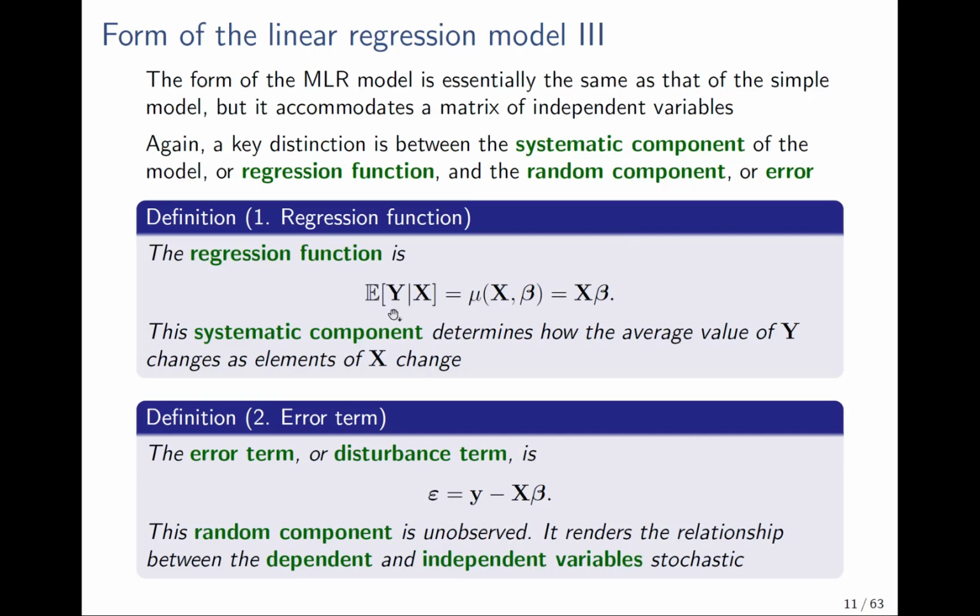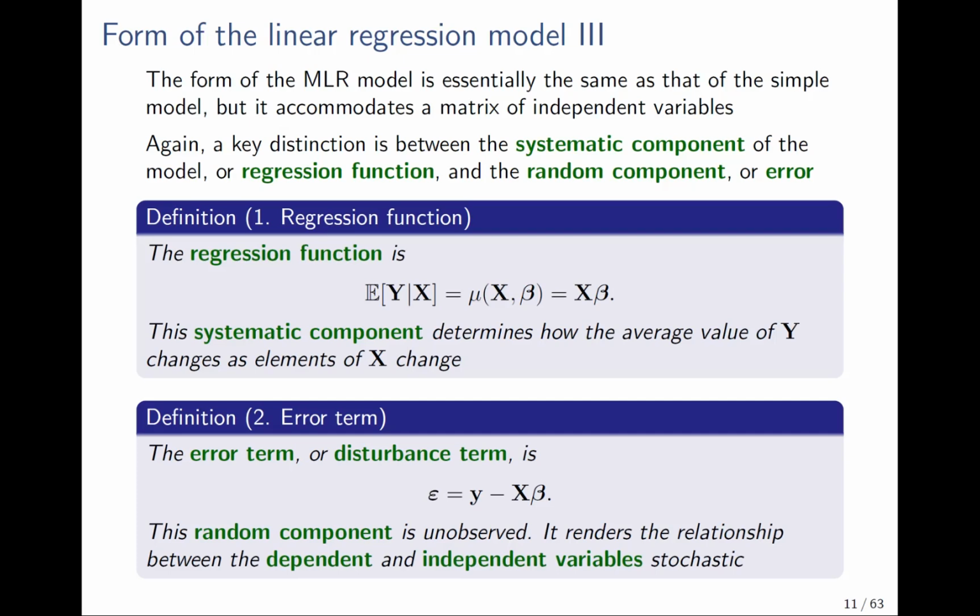So the regression function is the conditional expectation of y given x, but because we're using a model that is linear in parameters, the regression function in the case of the multiple linear regression is going to be X beta. This systematic component determines how the average value of y changes as elements of x change.